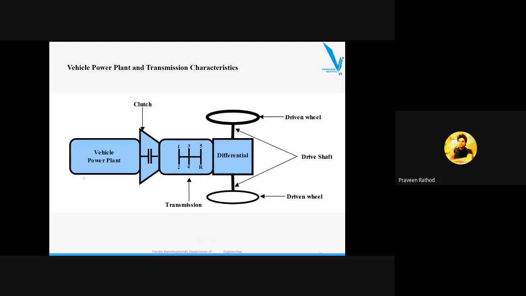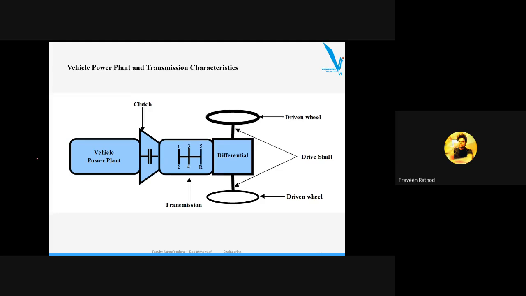We are going to study the transmission characteristic of the IC engine as well as the motor. We will study the performance of both, with the help of a graph, and how exactly it gives the performance.